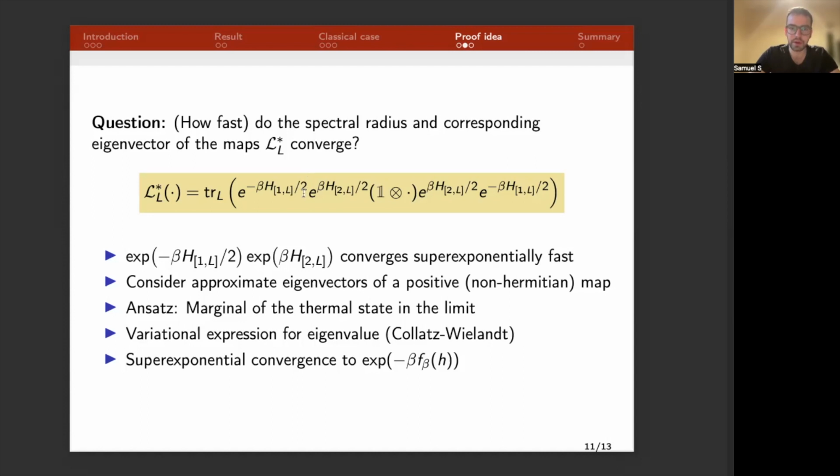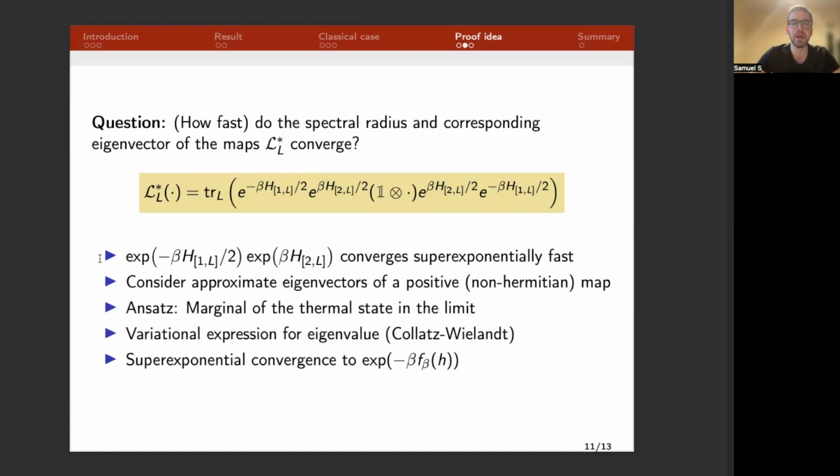The ansatz for an approximate eigenvector that we use is just the thermal state, or the marginal of the thermal state on L sites, and that we plug into this formula. This helps us to use a variational expression for the spectral radius, the so-called Collatz-Wielandt formula, to give estimates on the spectral radius.